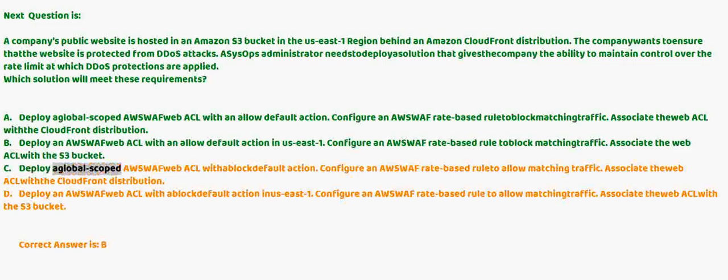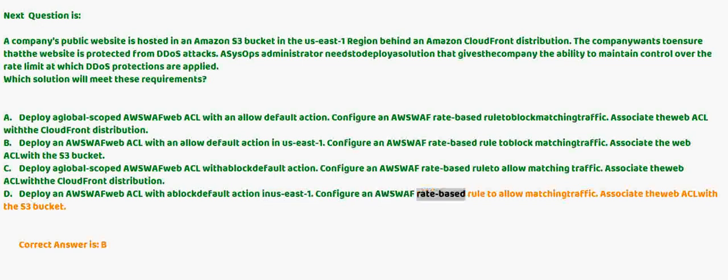C. Deploy a global scoped AWS WAF Web ACL with a block default action. Configure an AWS WAF rate-based rule to allow matching traffic. Associate the Web ACL with the CloudFront distribution. D. Deploy an AWS WAF Web ACL with a block default action in US East 1.